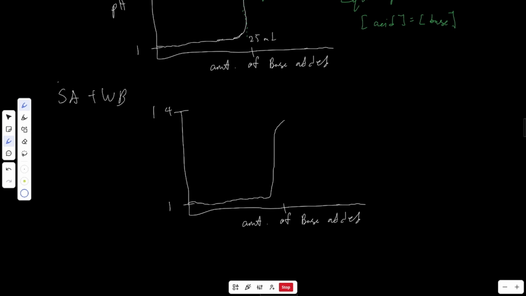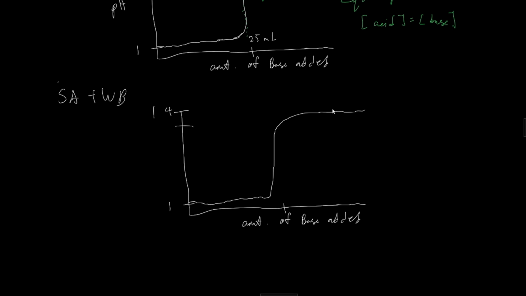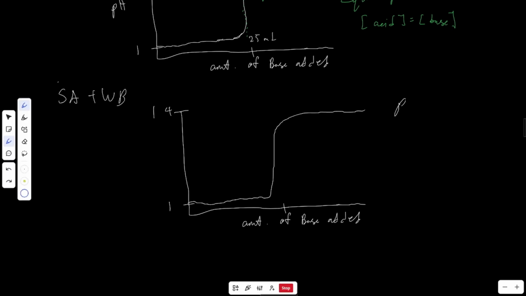However, this time it's like a soft curve. Let's say this right here is like 11.9. My drawing is not very accurate, but basically the pH here is like 11.